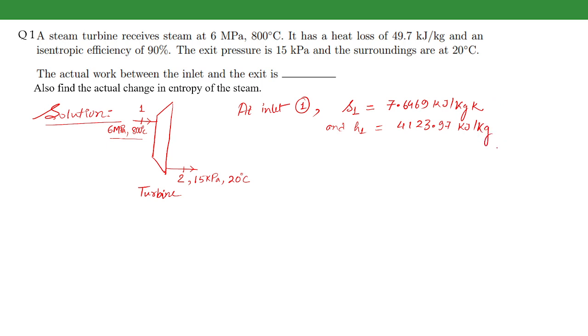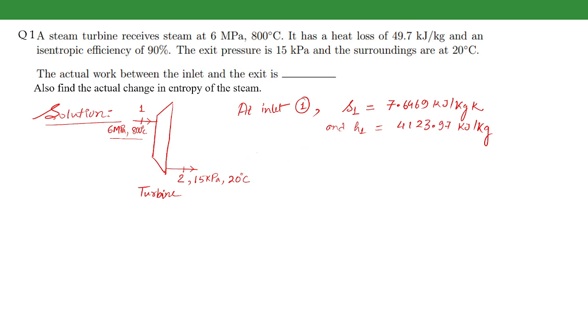These properties have been taken from a standard steam property table. You can consider any property table from any standard textbook, and there might be just a small variation in the values, but it will be essentially in the same range.